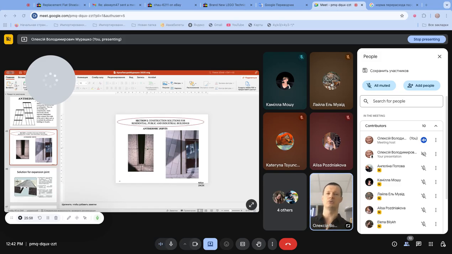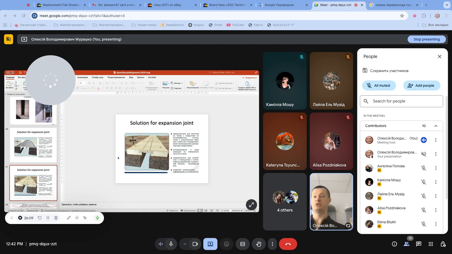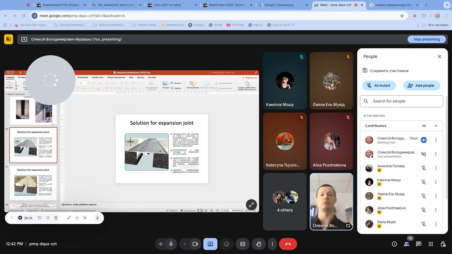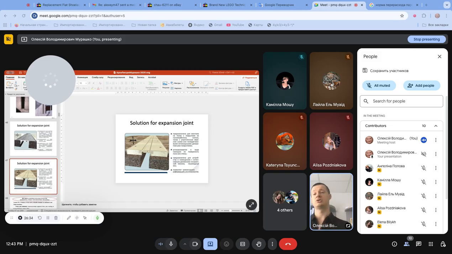Also, we have such a solution, a vertical anti-seismic joint between parts of the building. So here are the solutions of expansion joints which you can use in your practice. This solution can be used both for temperature and settlement joints. This one is only for temperature, because you see there is only one direction of movement because of the deformations. This solution can also be used for the shrinkage joint.